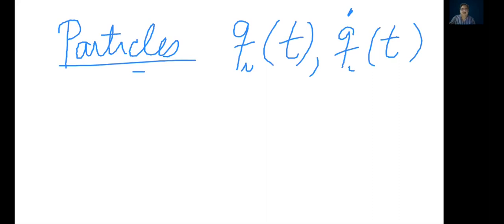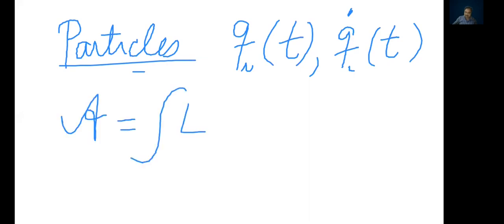Now, when you write the dynamical variables of the system, then you define the action with them. And in action, you write L dt. So this is L dt, and this L is a function of this and this, right?